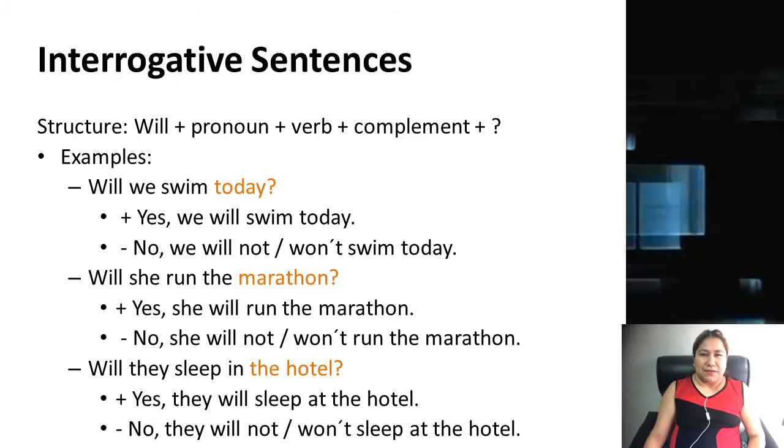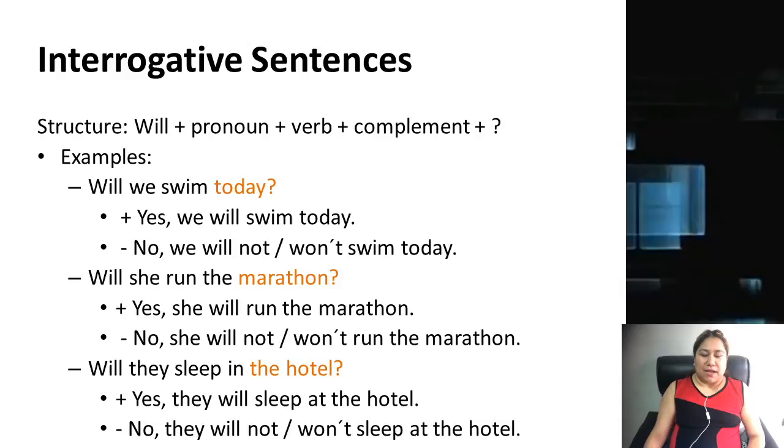Okay, let's recap the use of will. We have 3 possibilities: affirmative, negative, and interrogative. For affirmative, the structure is pronoun, auxiliary will, and verb, and if you want, a complement. For the negative way, the structure is pronoun, auxiliary will, the word not, verb, and complement.